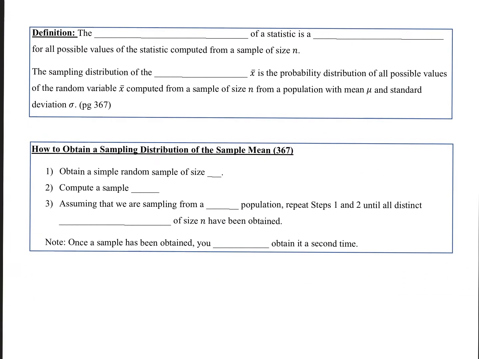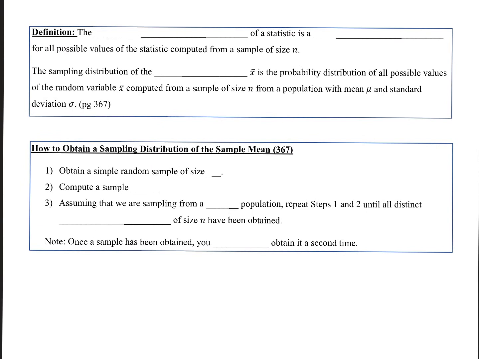Let's take a look at the definition. The sampling distribution of a statistic is a probability distribution for all possible values of the statistic computed from a sample of size n.